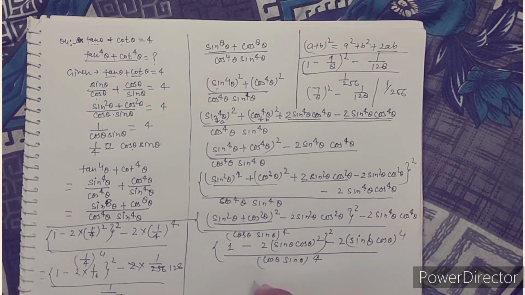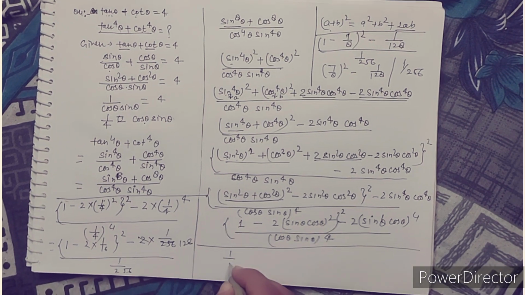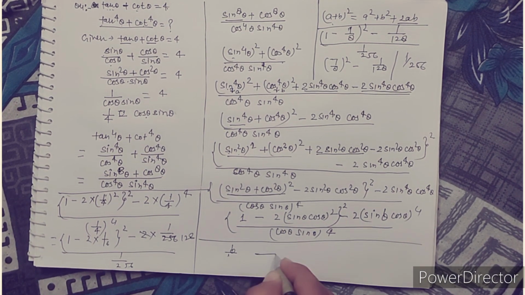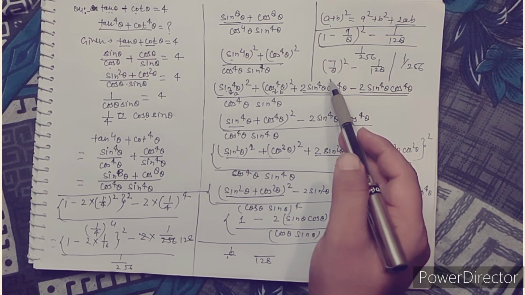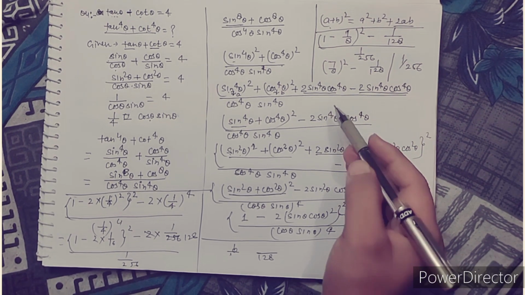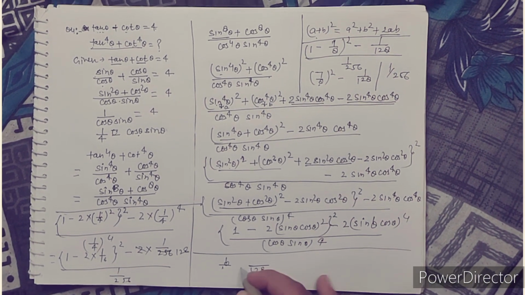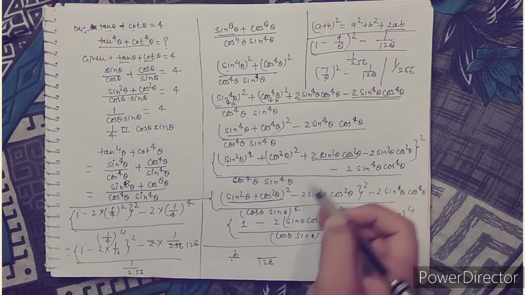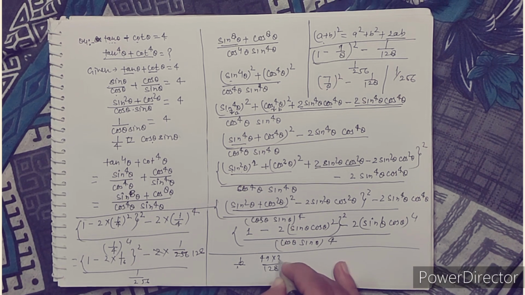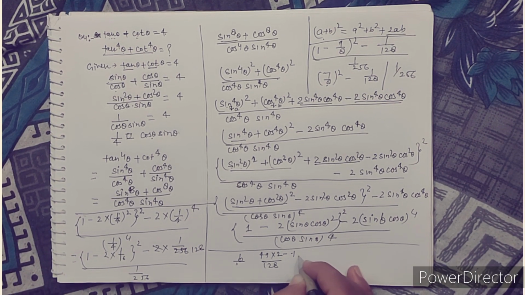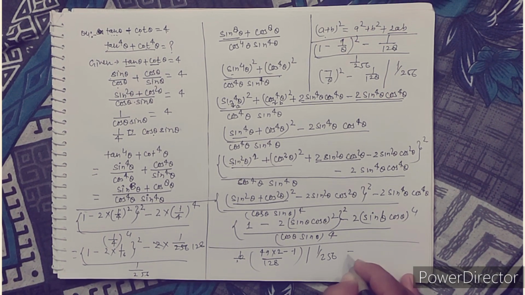Having taken LCM, it will be 128, sorry, LCM will be 128. 128 will be divided by 8 square, means 64, so it will be 2. 64 times 2 is 128. And 7 square is equal to 49, will be multiplied by 2, minus 1, whole upon 128, divided by 1 upon 256.